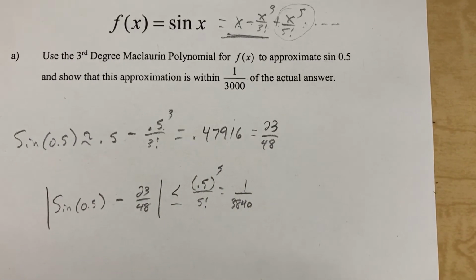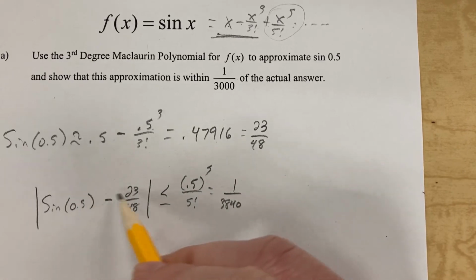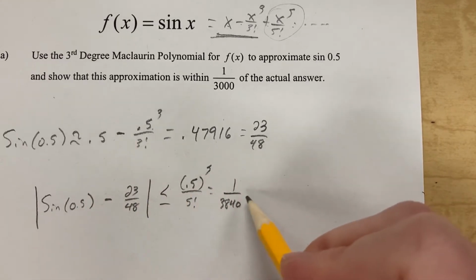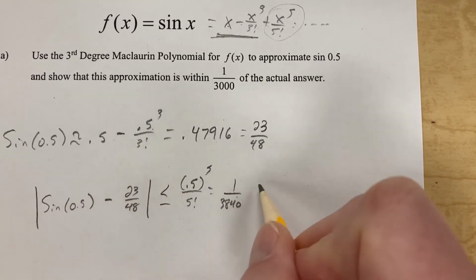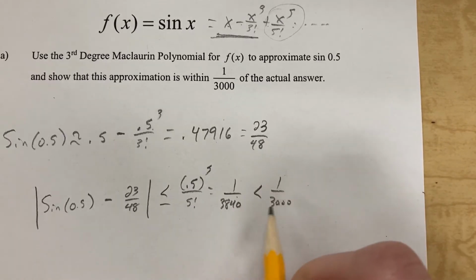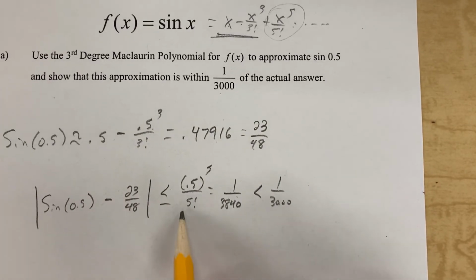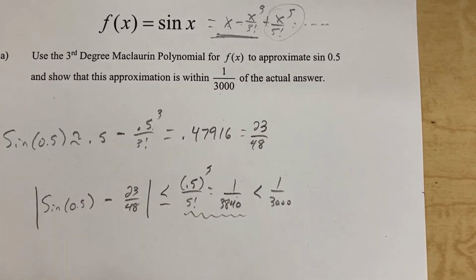Okay, it's like 0.0002604. All right, we know that this approximation is less than or equal to this amount, and that is less than 1/3000th. So that proves that we're within 1/3000th of the right answer, because the error that we get from this is less than that.